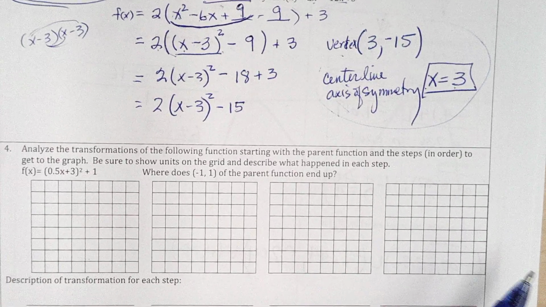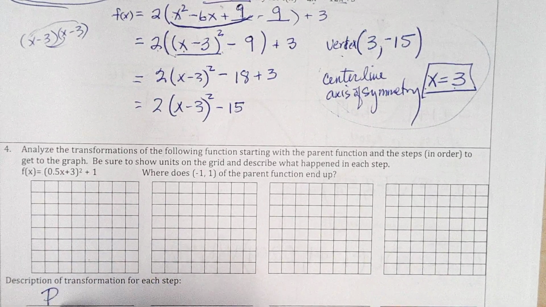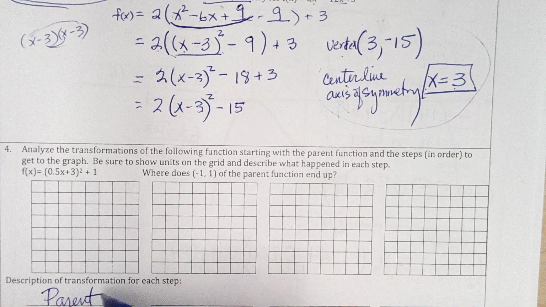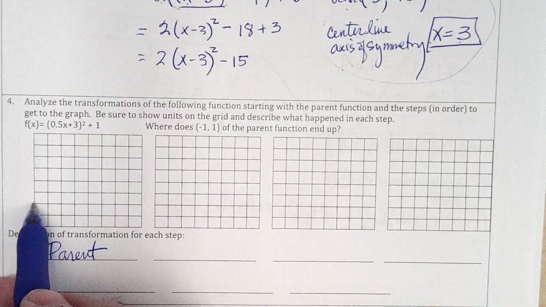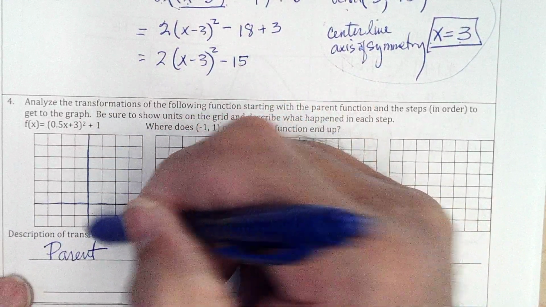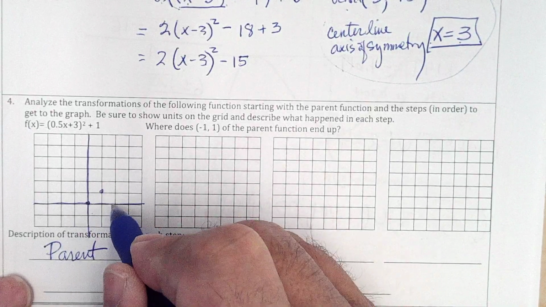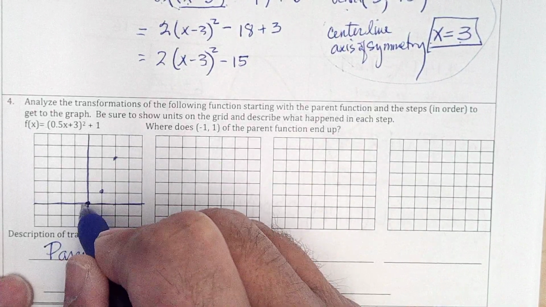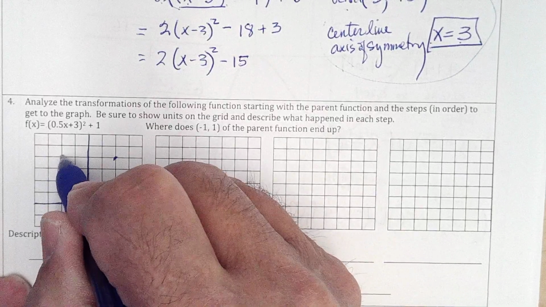Number 4, the parent function here is a parabola, y equals x squared. And so the parabola, you should know, 0 squared is 0, 1 squared is 1, 2 squared is 4, negative 1 squared is 1, negative 2 squared is 4.